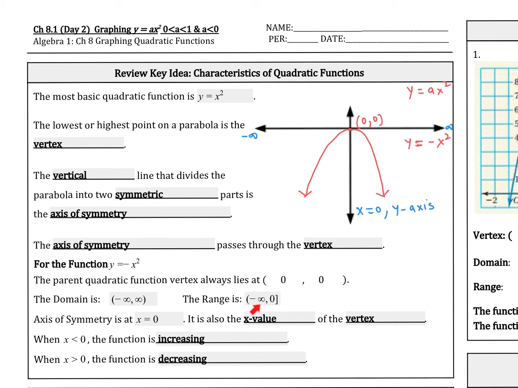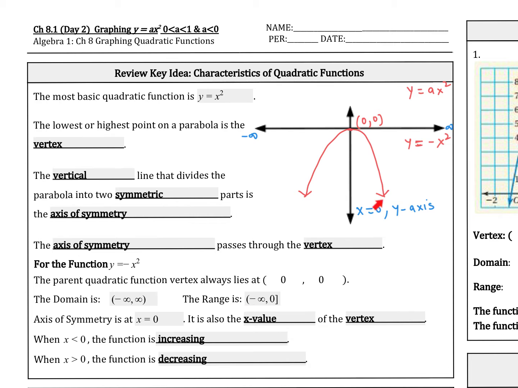The range of the graph is the height of the graph. Height means where it starts on the y value, and if it's going up and up and up, it approaches infinity. If starting from 0 and it's going down and down and down, it means it's approaching negative infinity. So the height of the graph is negative infinity to 0.